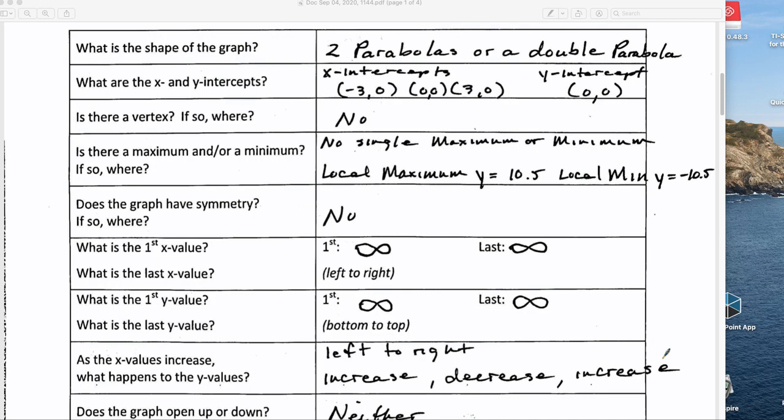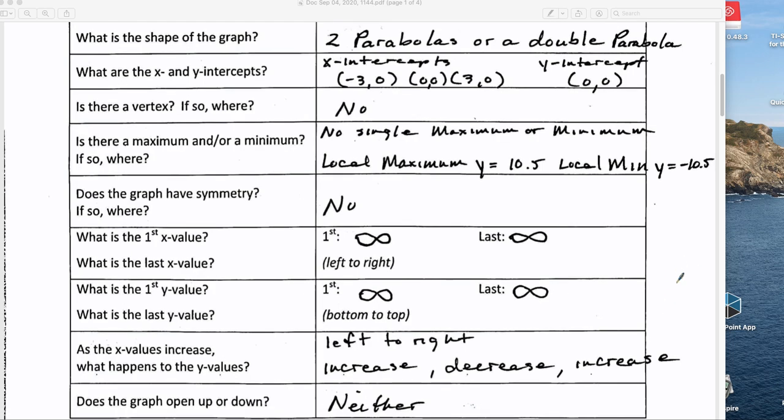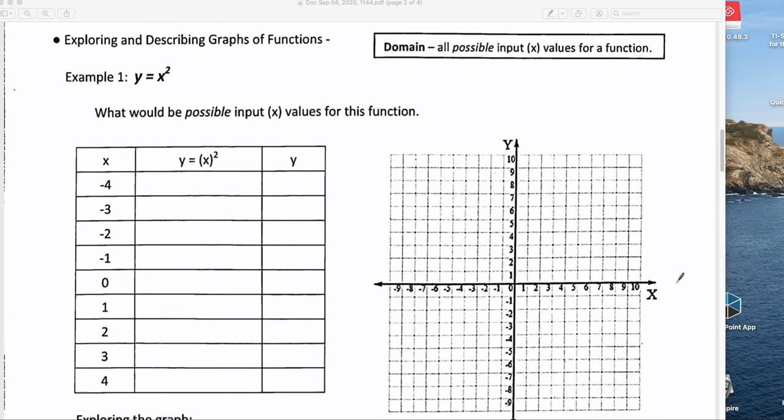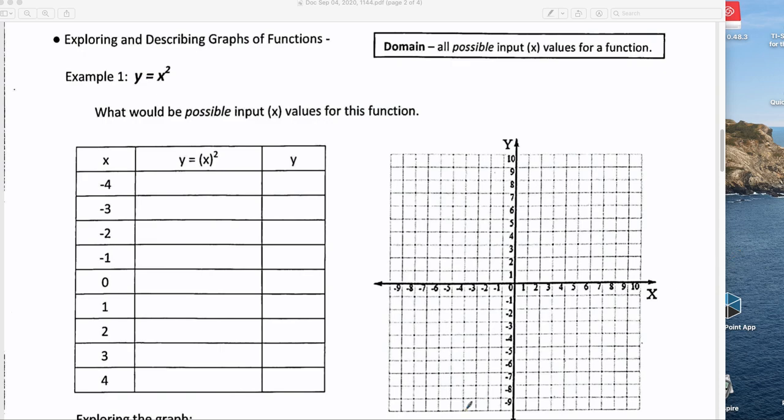The parabolas, the intercepts, whether there was a vertex, symmetry, where the graph started and stopped, left to right, increasing and decreasing. And if you haven't been able to take great notes, this file with everything written on it will be available tomorrow, so you can compare your practice answers as well. All right, next one. And I think we're about to have another interruption.